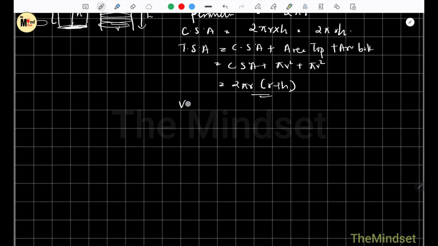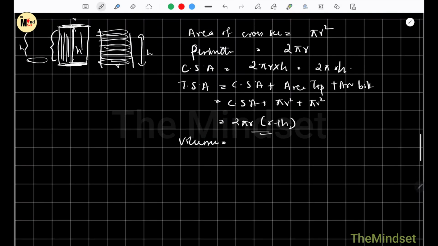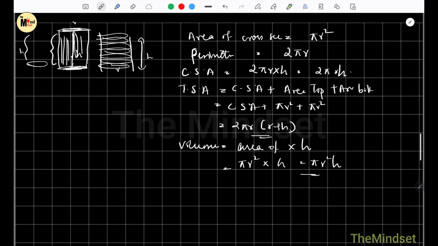Now finally volume. Volume is how much space is inside this cylinder, which is equal to the area of one circle into the height. So the area of one circle is pi r square into h, which is equal to pi r square h. If you want, you can take a screenshot of it.